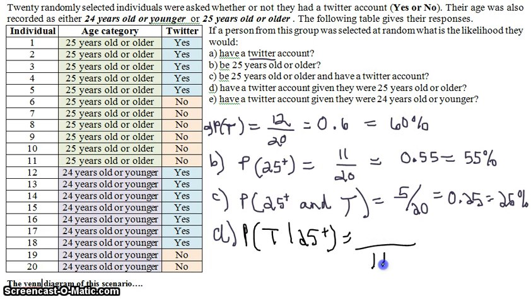So out of the 11 individuals who are 25 years old or older, how many of those have the Twitter account? Well, this is the 25 plus and the Twitter account. So we know that that's the 5 people. So 5 over 11 is my answer. This comes out to be about 0.4545 repeating. And essentially we can just say that this is about 45.5%.